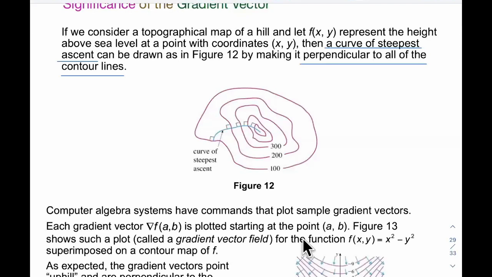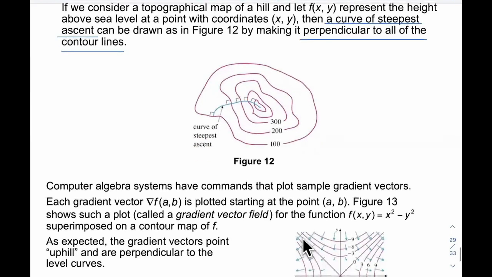Think about climbing the mountain or going down the mountain. If you go this way, it's actually the steepest. Imagine you climb Mount Everest; this is the steepest, probably not the route that you want to take.